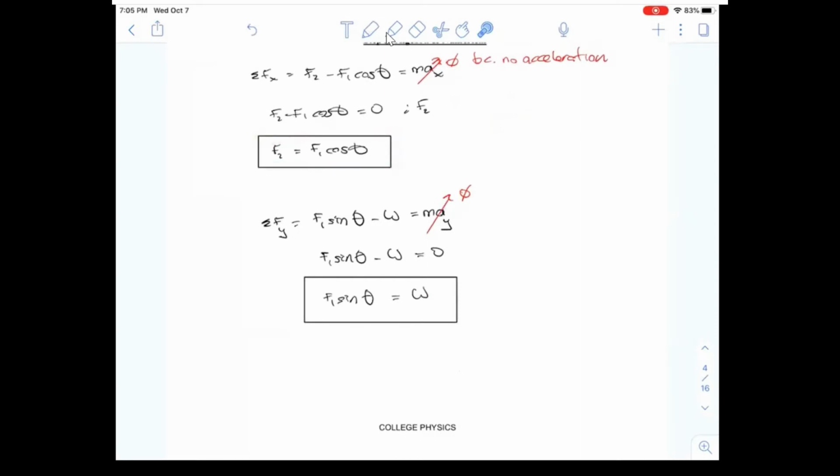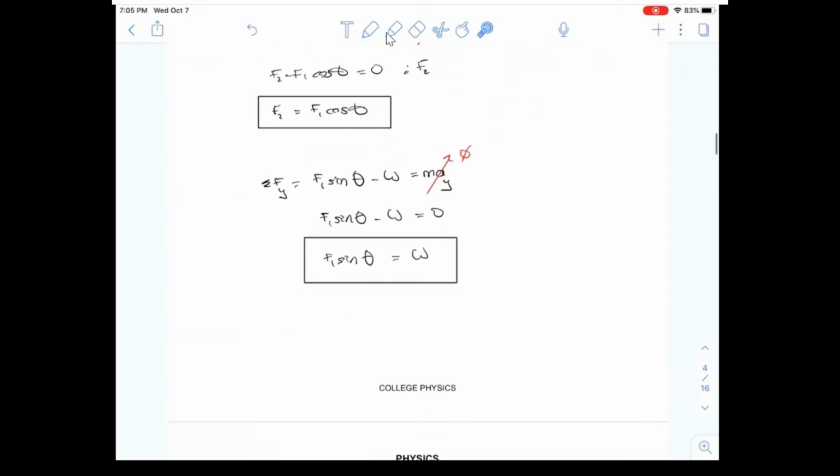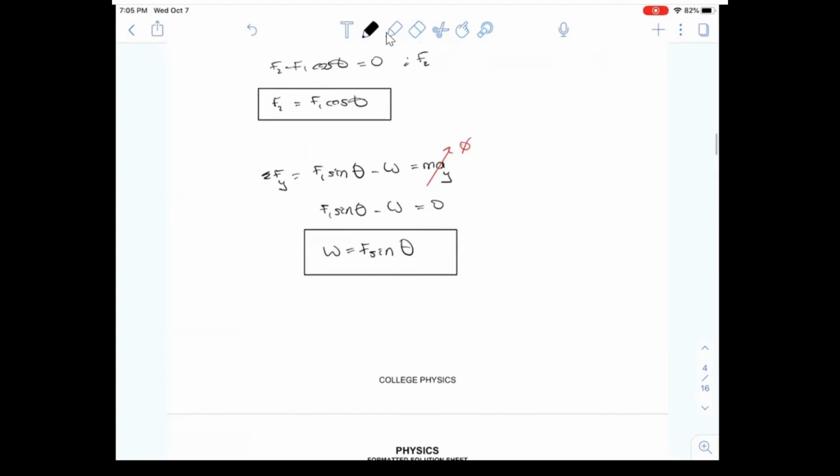What I'm going to do is take this and then divide it by this. Literally that's what I'm going to do. But before I do that, I'm going to change things around, move things around. I want to get W on the left, F1 sine of the angle on the right. Now I'm happy, I think. This is F1, right?